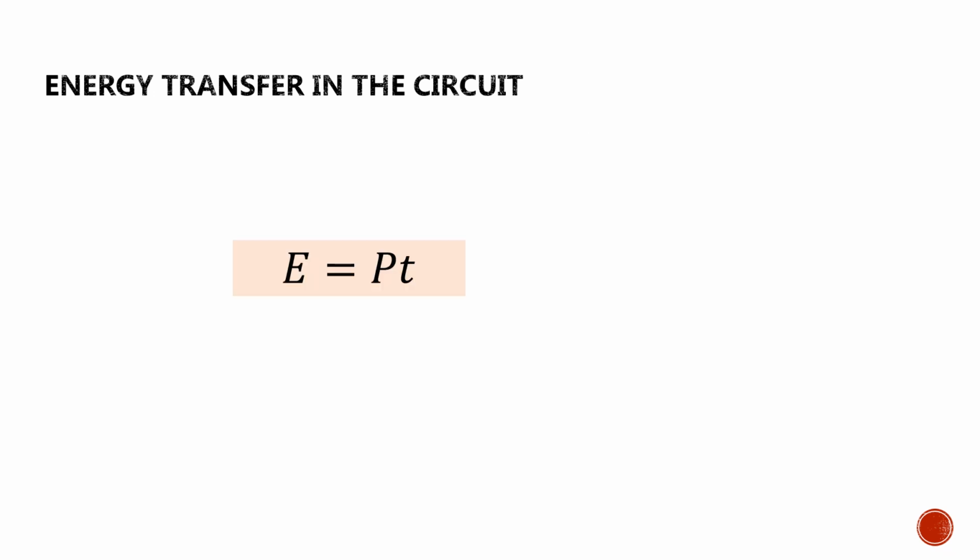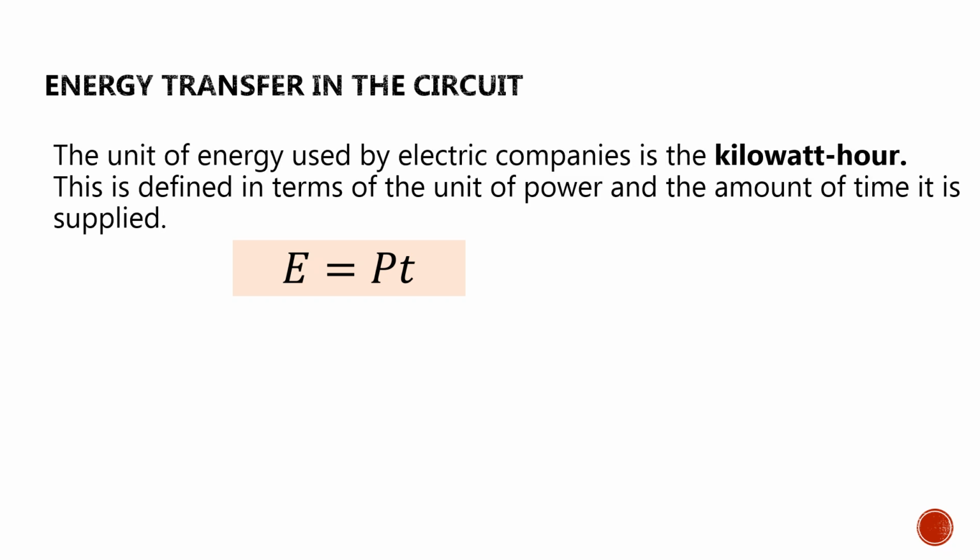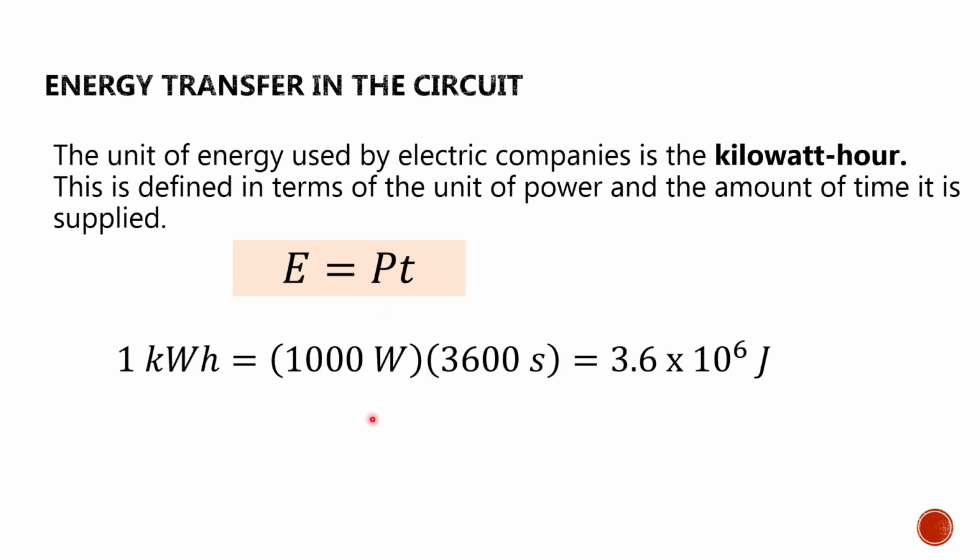For the energy used by electric companies, the kilowatt hour is commonly used. It is defined in terms of the unit of power and the amount of time it is supplied: power times time.